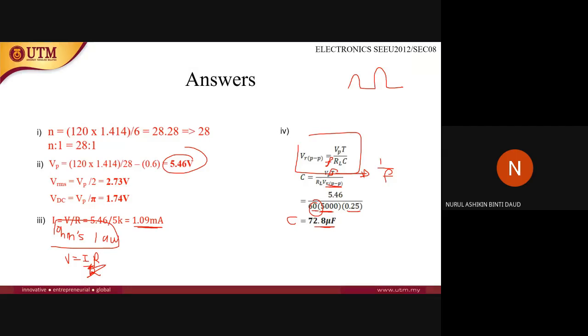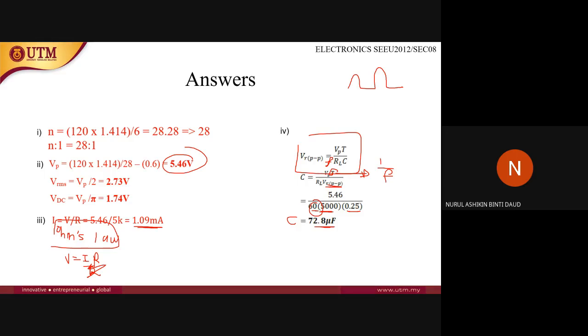For your test, only half wave will come out. Full wave will come out during your final exam. So for your test: half wave rectifier, and then Zener diode, ideal and practical, and the characteristics of Zener diode.